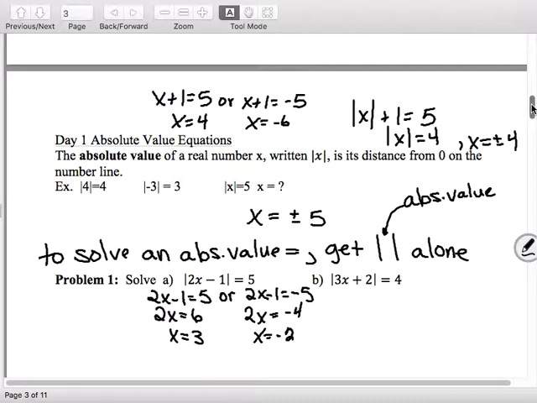If I plug in 3, 6 minus 1 is 5, absolute value of 5 is 5. It works. If I plug in negative 2, that's negative 4 minus 1 is negative 5, absolute value of negative 5 is 5, and then I circle it, okay? All right, you guys try B. Try it on your own. I'll give you a head start.